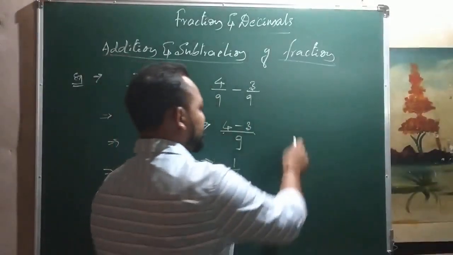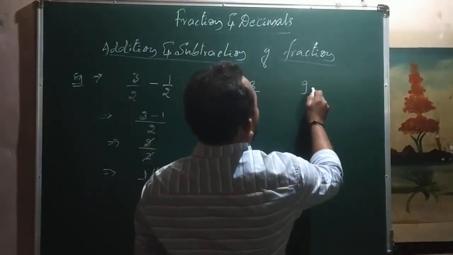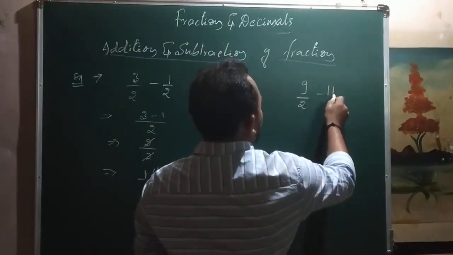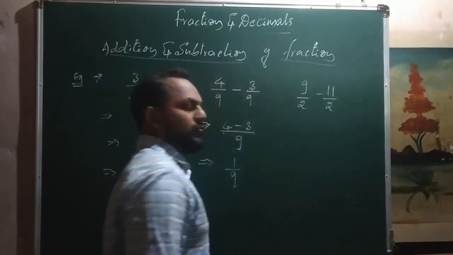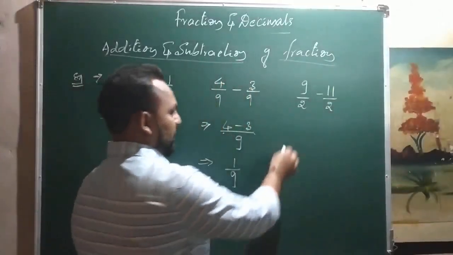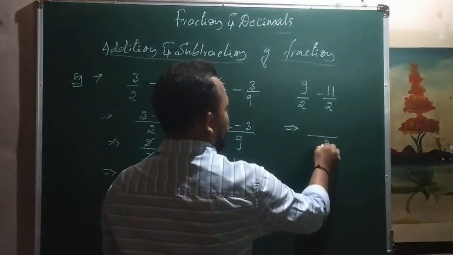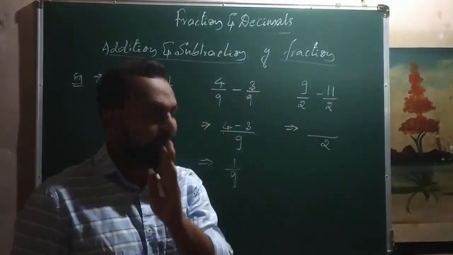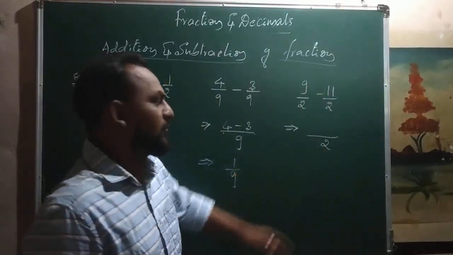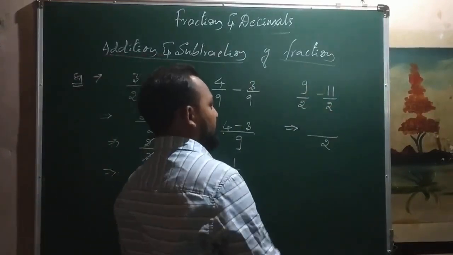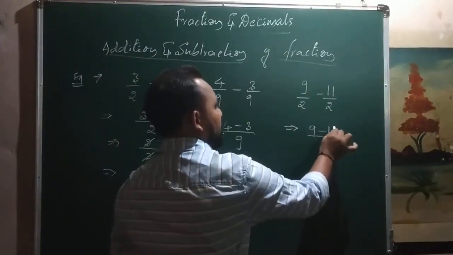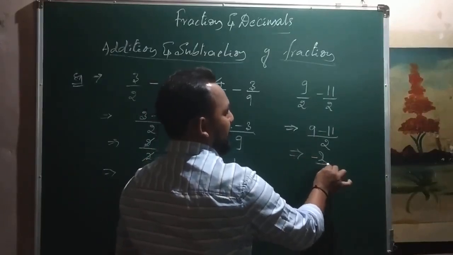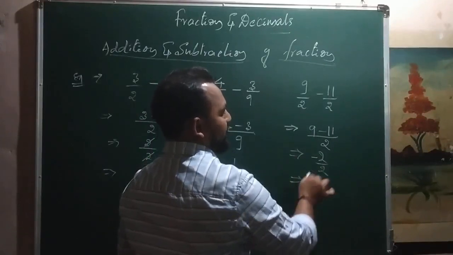The next one: 9 by 2 minus 11 by 2. Here the denominator is 2, and since it is the same denominator, write it directly. Next, 9 minus 11 is minus 2, so minus 2 by 2.